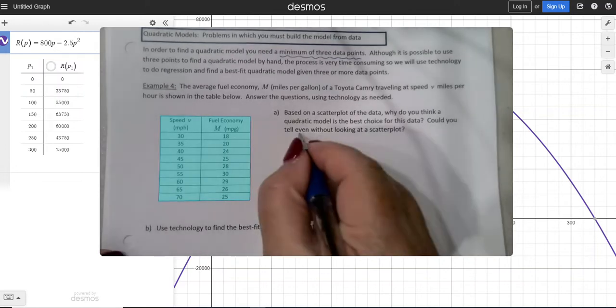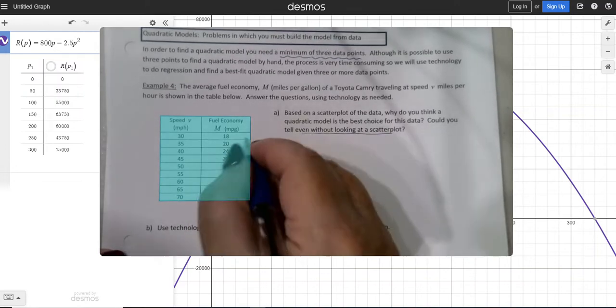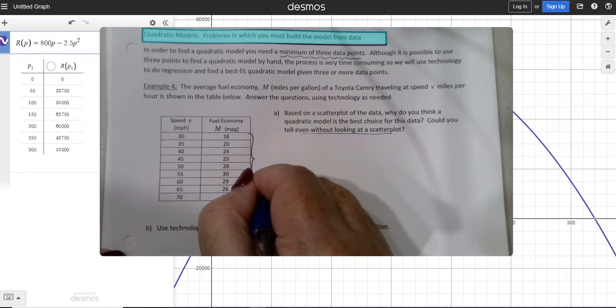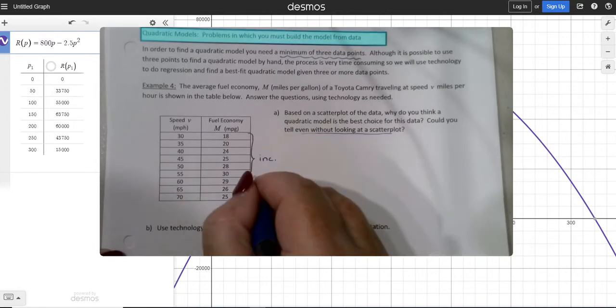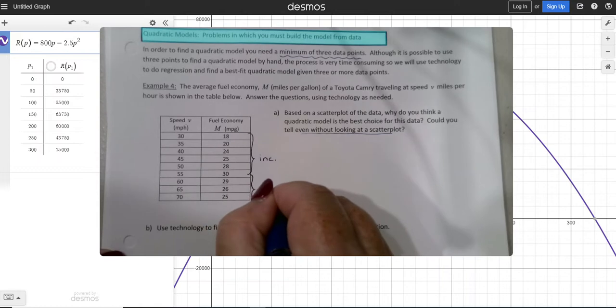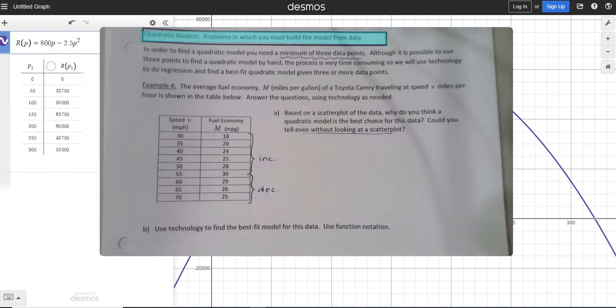But even without looking at the scatter plot, we've already noticed that our m values, our outputs, are increasing here and decreasing there, which indicates that parabolic shape, right? It's definitely not linear. Lines only go in one direction.